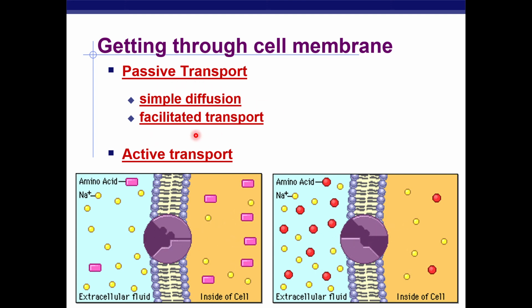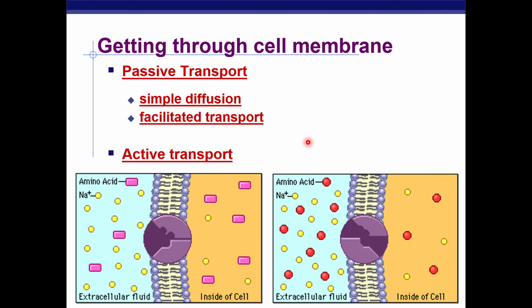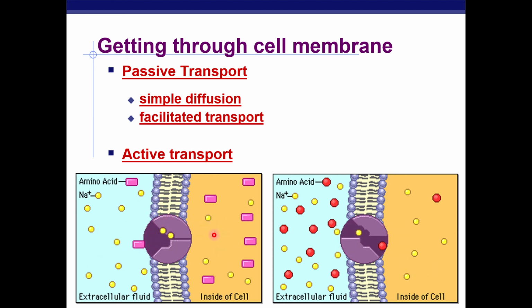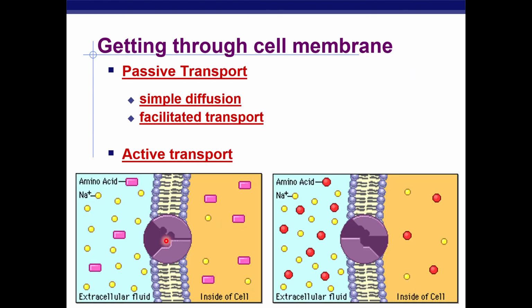No energy required for simple diffusion or facilitated transport. Active transport requires energy. Let me flip back. Okay, so on this guy right here, these little yellow molecules, they are moving along their concentration gradient, and as they move, they're able to pull the little pink blocks in, which are moving against their concentration gradient. That's going to require energy.